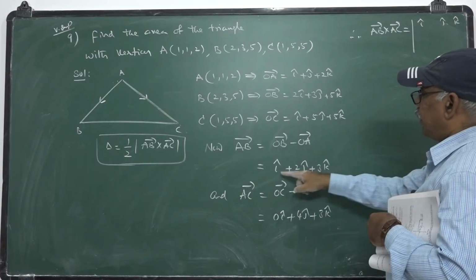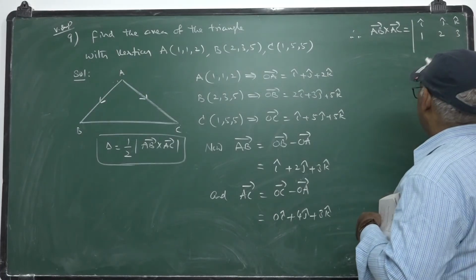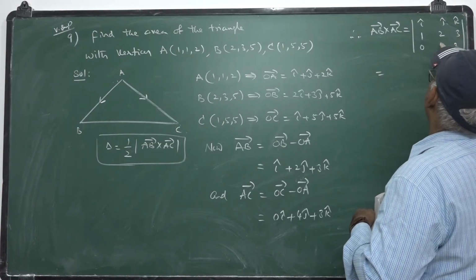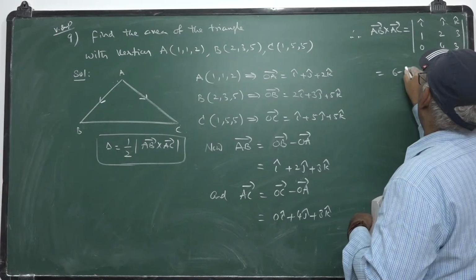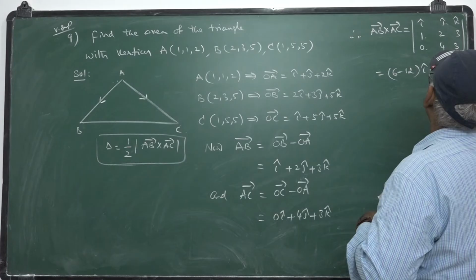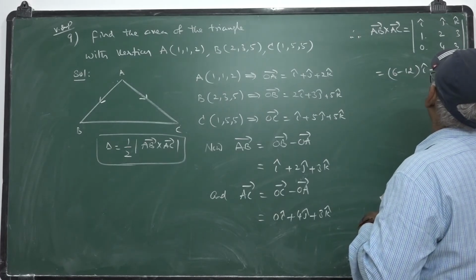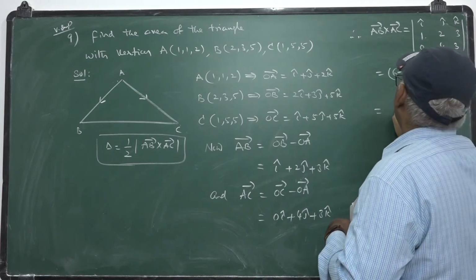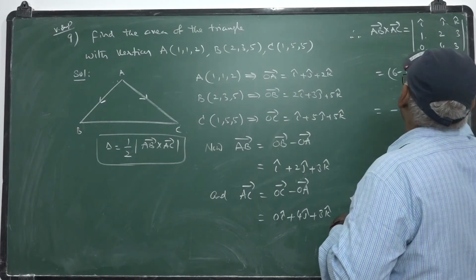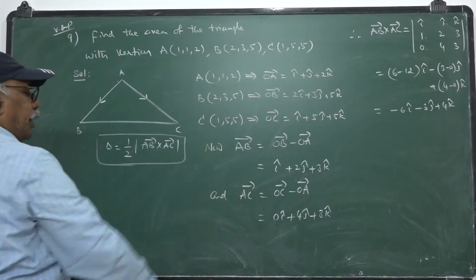Pre-multiplier components are 1, 2, 3. Post-multiplier components are 0, 4, 3. On evaluation of this determinant, (6 minus 12)i minus (3 minus 0)j plus (4 minus 0)k. That gives us minus 6i minus 3j plus 4k, the vector obtained by the cross product of AB and AC.